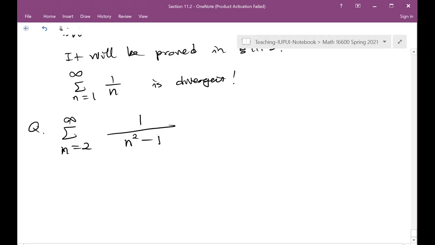Clearly the limit of the nth term is going to be 0, right? So I cannot use that to prove it's divergent.